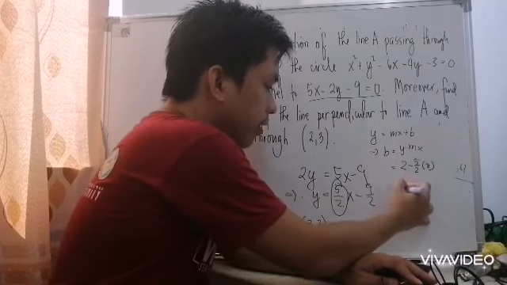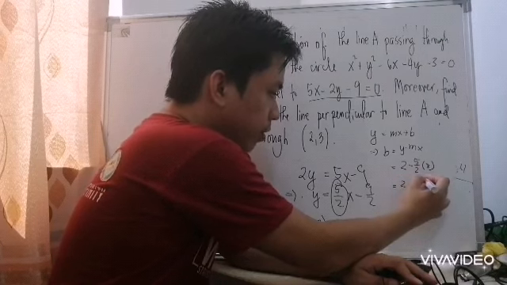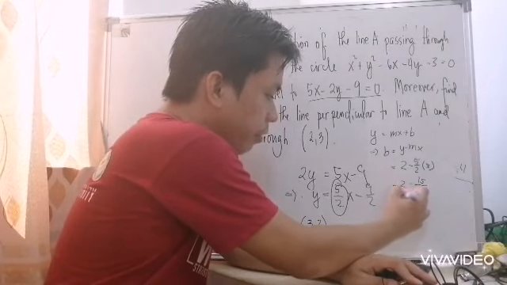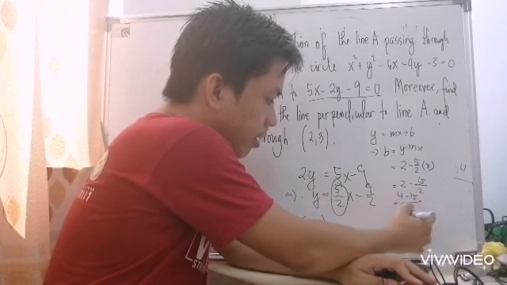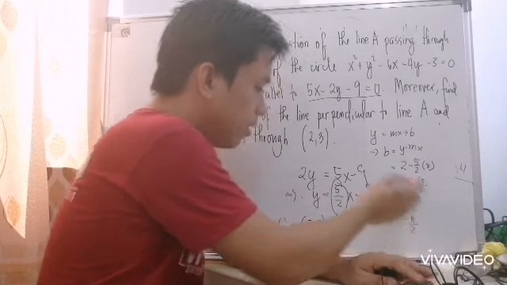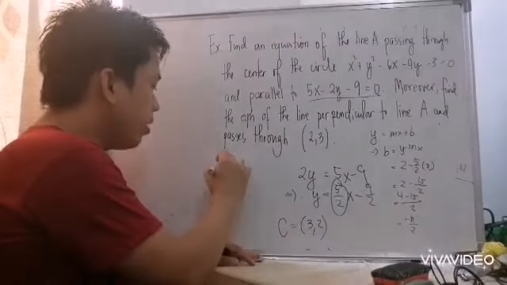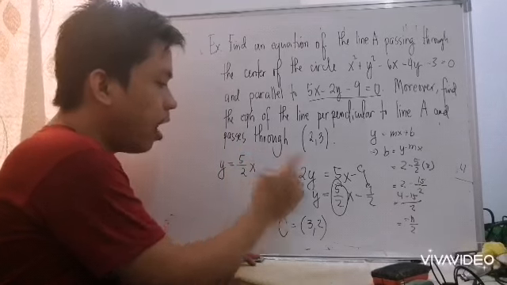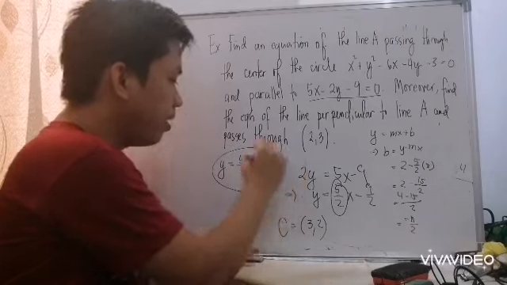So you'll get 2 minus 15 over 2. So this is 4 minus 15 over 2, that's negative 11 over 2. Therefore, the equation of the line A is y equals 5 over 2 x, and our y-intercept is negative 11 over 2. That's it.